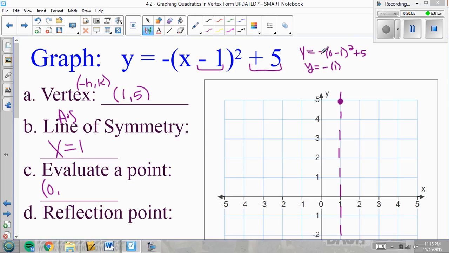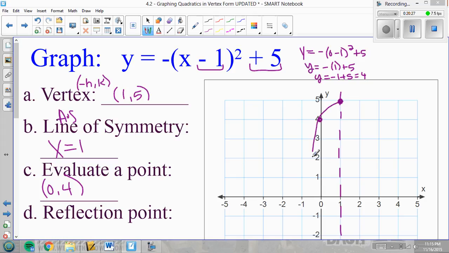Still keeping that negative out front, and we're going to drop it down, plus 5. So negative times 1 is negative 1. Plus 5, we should get 4. So to evaluate a point, I'm at 0, 4.